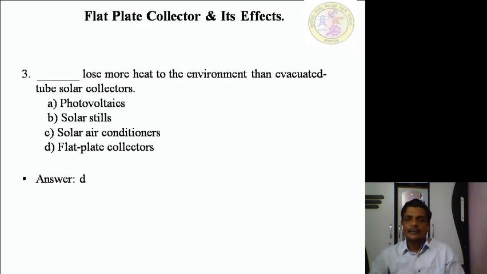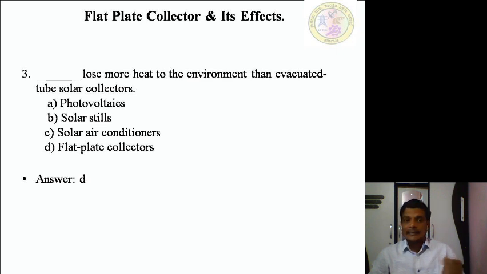Third question is, dash loses more heat to the environment than an evacuated tube solar collector. The options are A, photovoltaic, B, solar stills, C, solar air conditioner, D, flat plate collector.